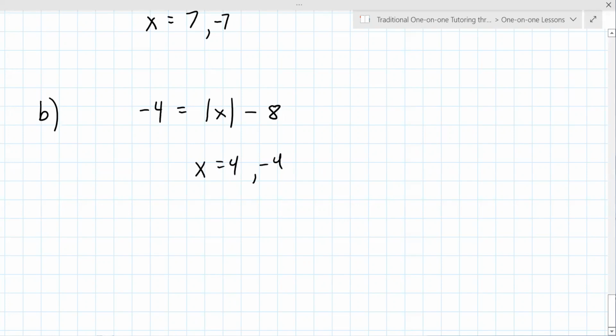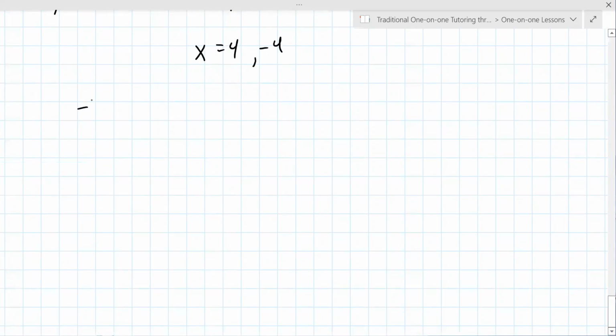Okay, should we do another graph problem? Yeah, sure, why not. So let's say it's something like this: -1 equals negative absolute value of x plus 2.